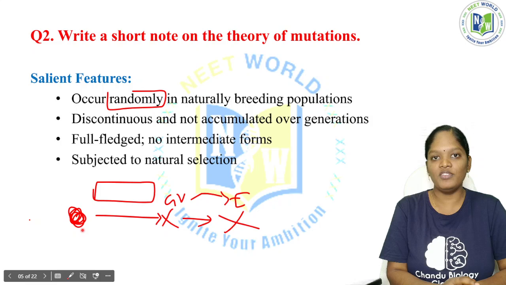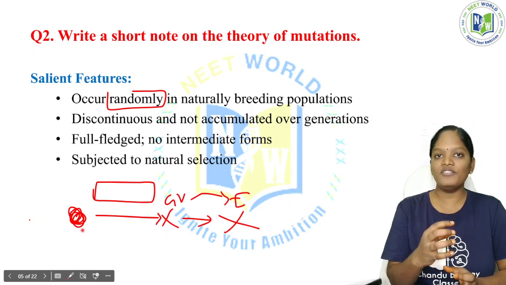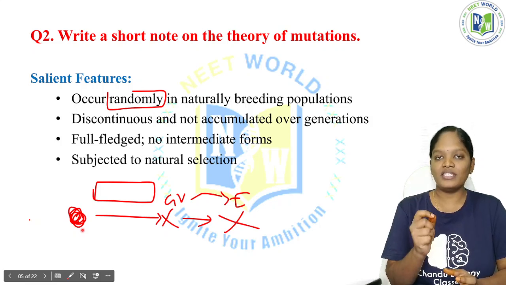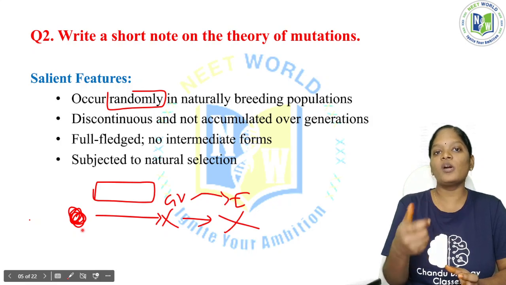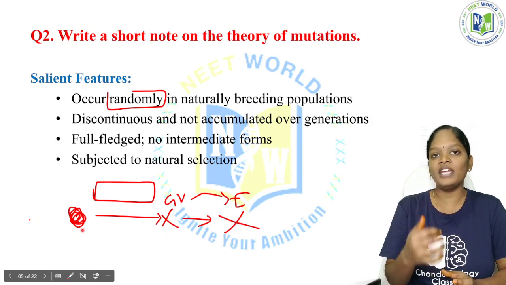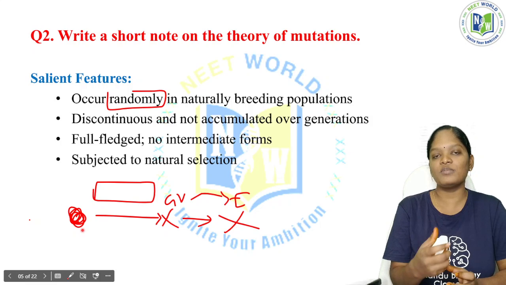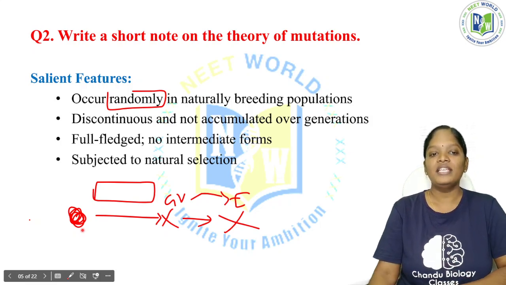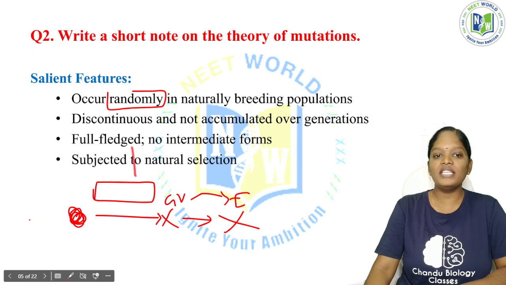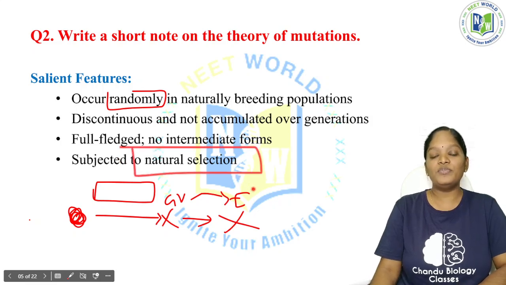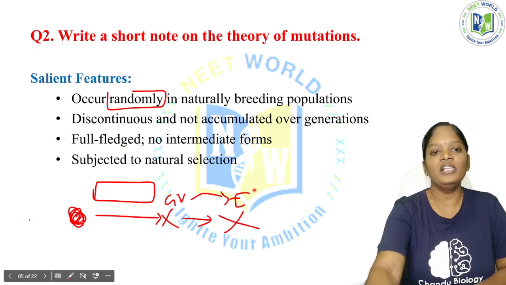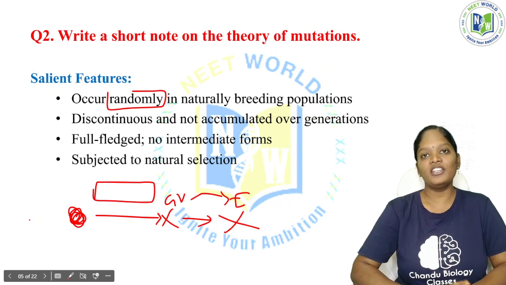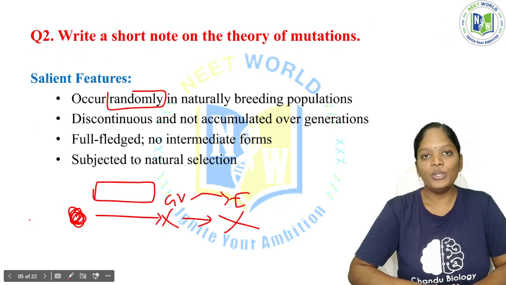Only the specific changes are necessary, and those will be adapted to the changing environment. Those adaptations, those changes, are selected by nature. This is called natural selection. So mutation theory is subjected to natural selection. That is the theory of mutation proposed by Hugo de Vries.